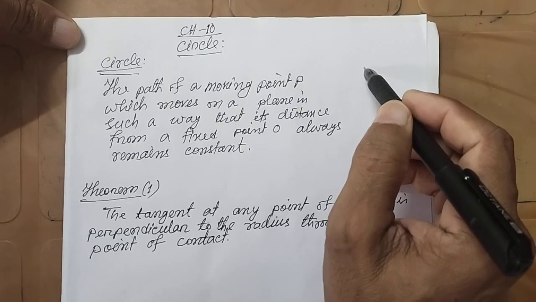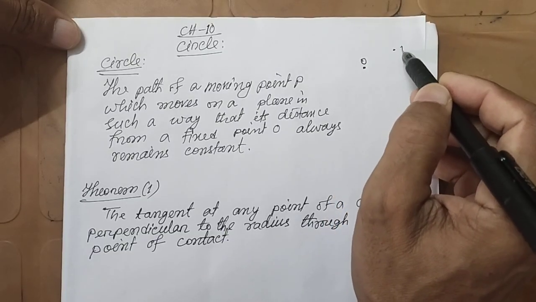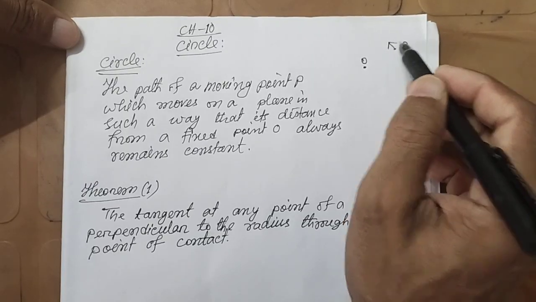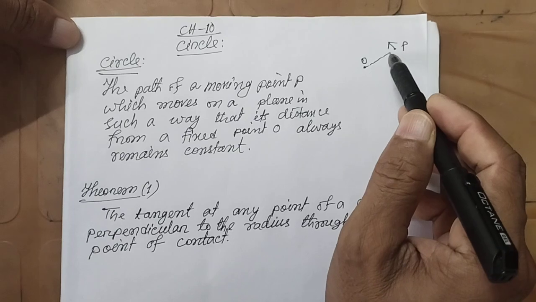You take two points, say O, a fixed point, and P, a moving point on a plane, and this distance OP.